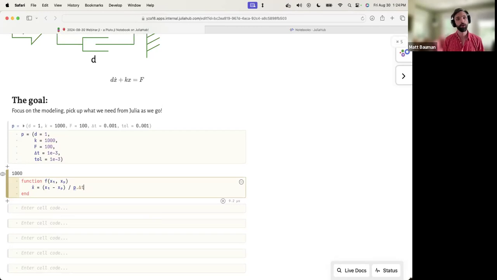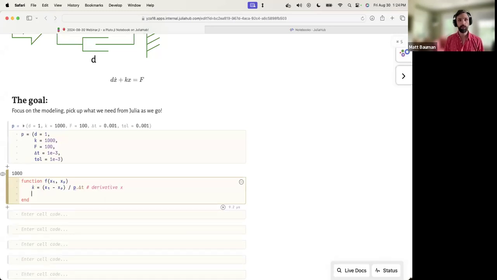This is just kind of learning a little bit of Julia, of how we define functions and work with things. We'll move on relatively quickly here. So this is our derivative of x, our position x. And then we have two sides of our equation that we want to balance.